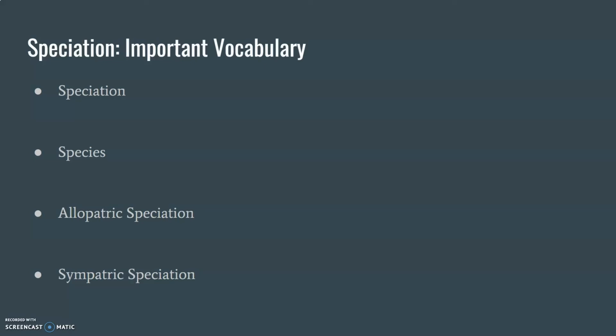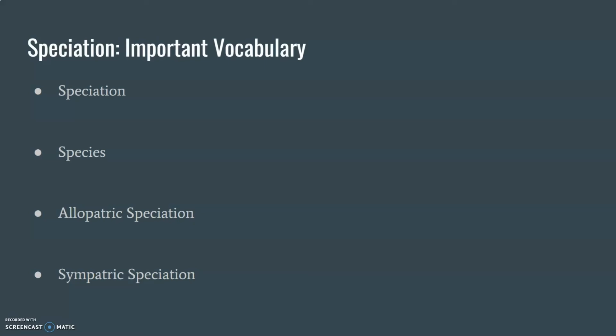And there are 2 main types of speciation. Allopatric speciation is when 2 populations become reproductively isolated. An example of this could be when there's a geographical barrier separating organisms in 2 populations. The second type is sympatric speciation.